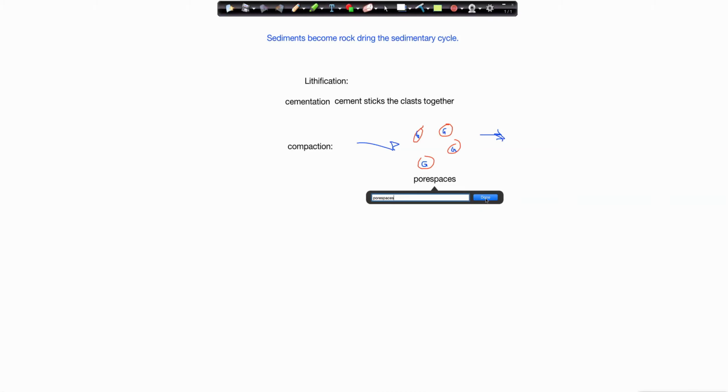So water is going to transport through the pore spaces, and it's going to begin to precipitate out cement. And that cement is going to stick the grains together. It still may allow some pore spaces to be present, but eventually the cement will fill in the pore spaces. So it cements and sticks the grains together.